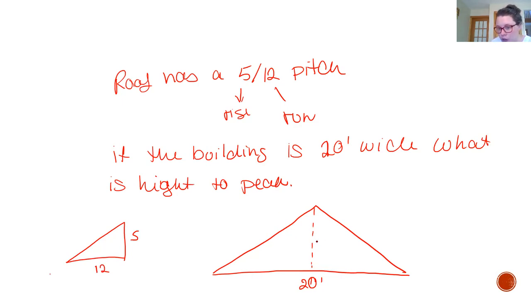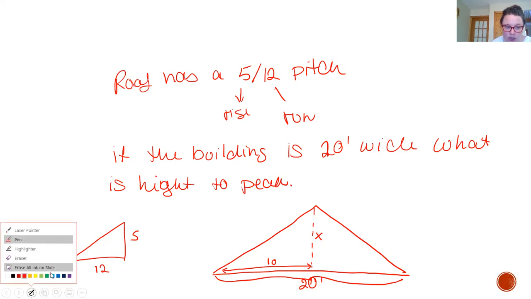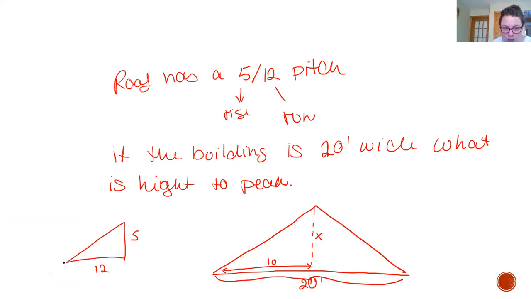When I'm looking for height, if 20 is the total distance, I need to make sure I just use 10. This 5 and 12 only uses a small triangle, so I need to use the part of the roof that's just a small triangle. That means I'm going to use 10 instead of 20.